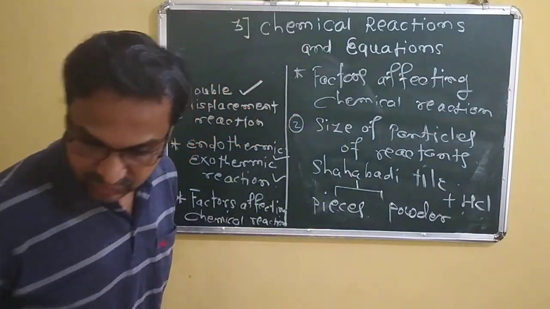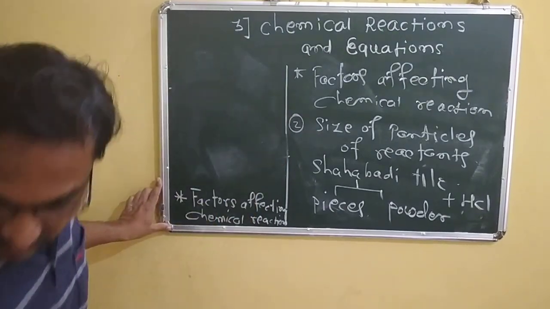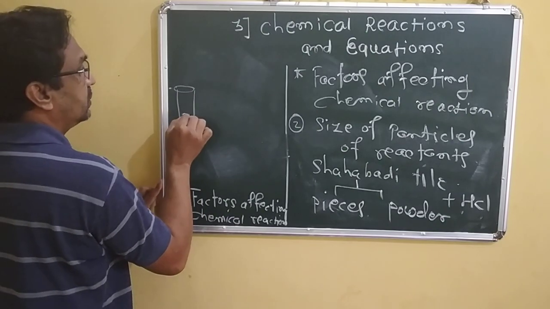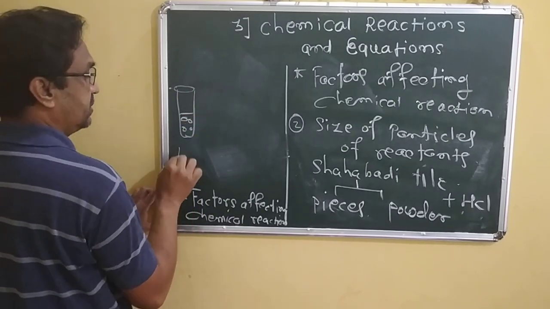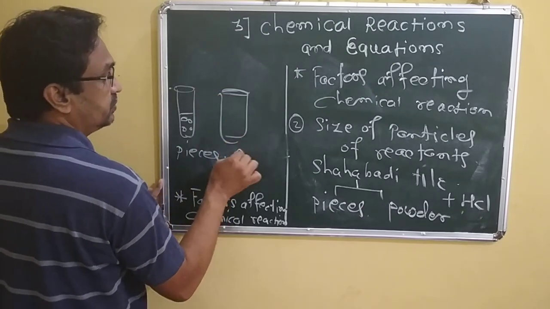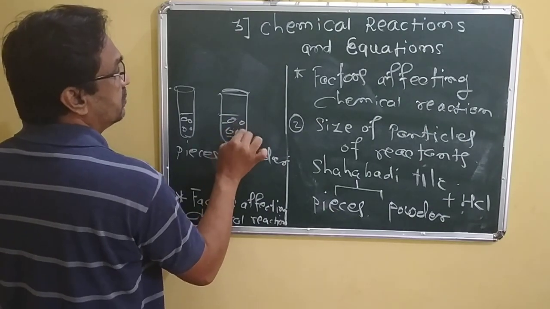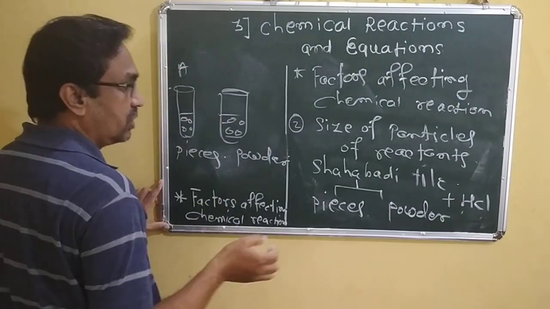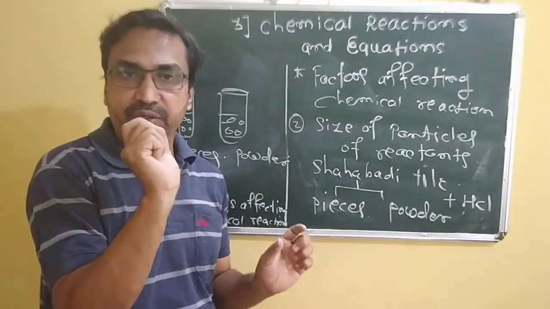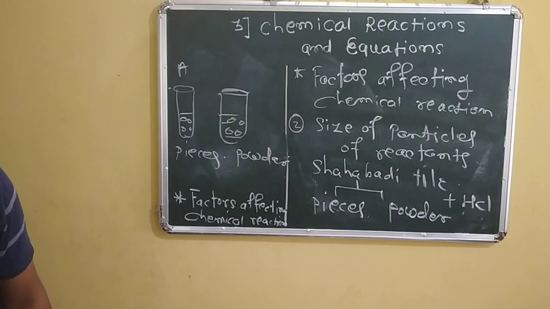In the first test tube, we have taken the pieces, and another is powder. A is the pieces of Shahabadi tile, and the other is powdered, where minute particles are there, and they react with each other.